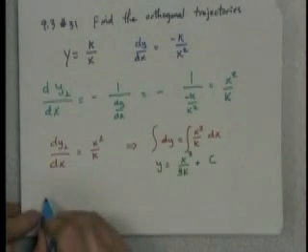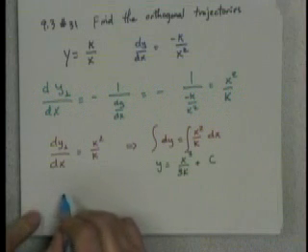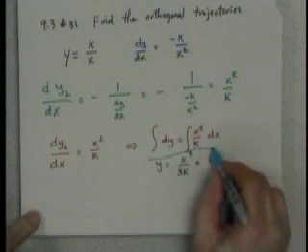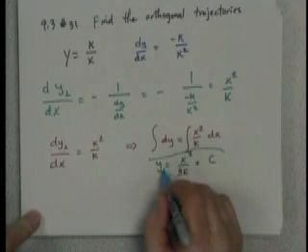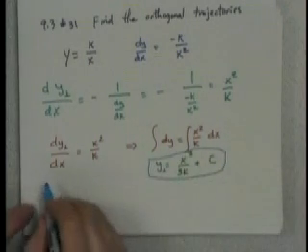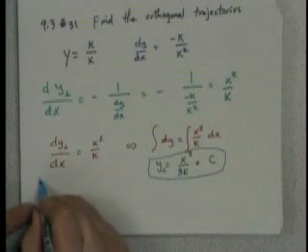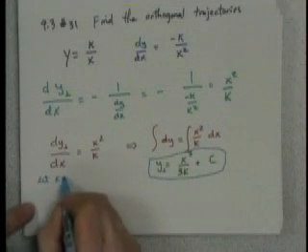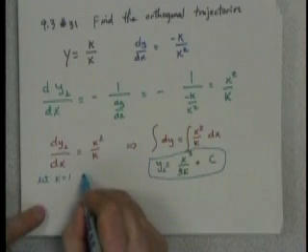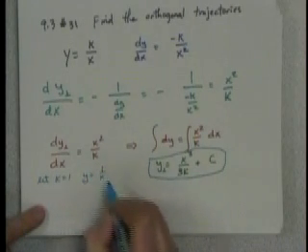So for an example, we can pick one. We're supposed to draw a couple of these, to show they are perpendicular. So let k equal 1, say for instance, just because it's an easy one. Then our original function would be y equals 1 over x.